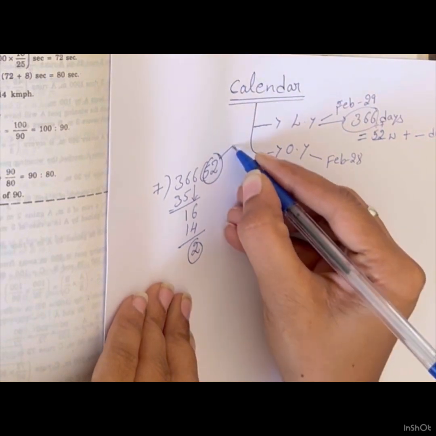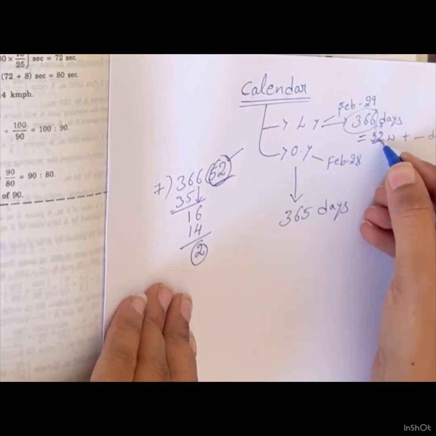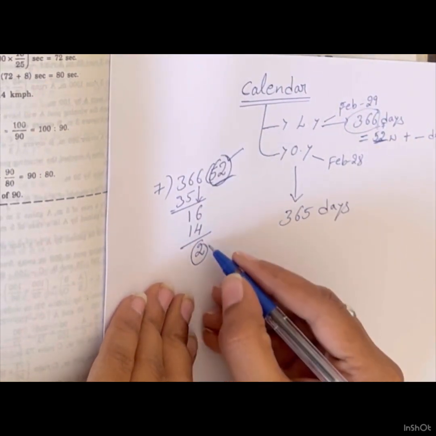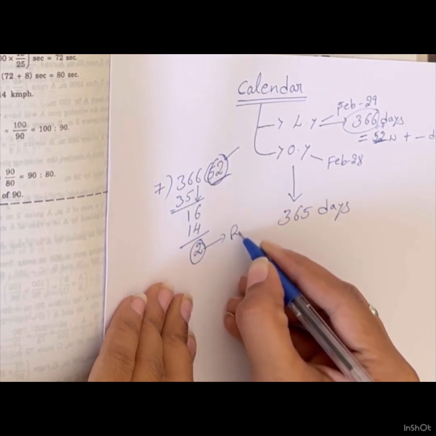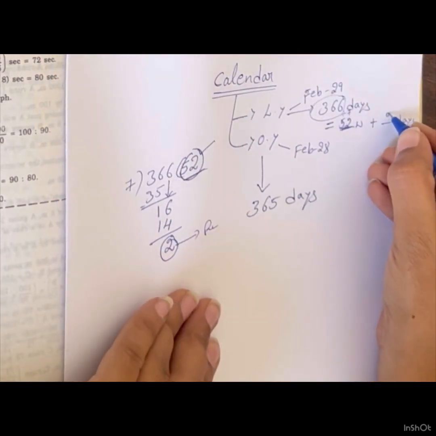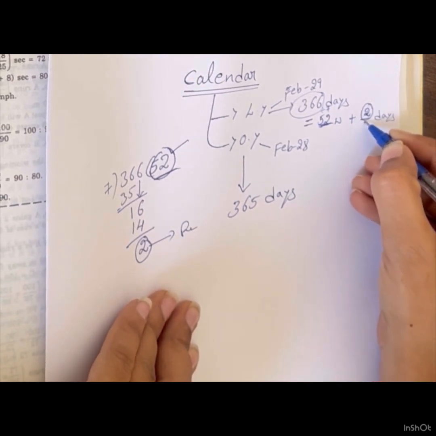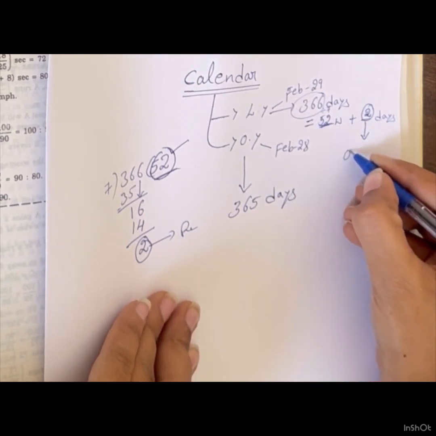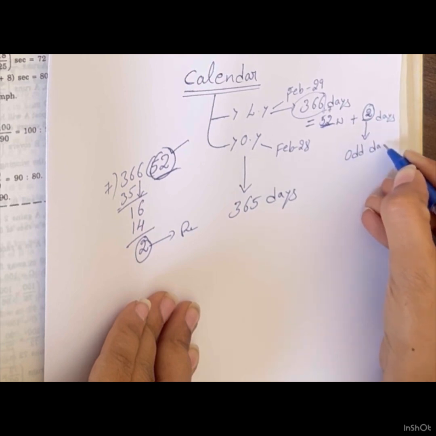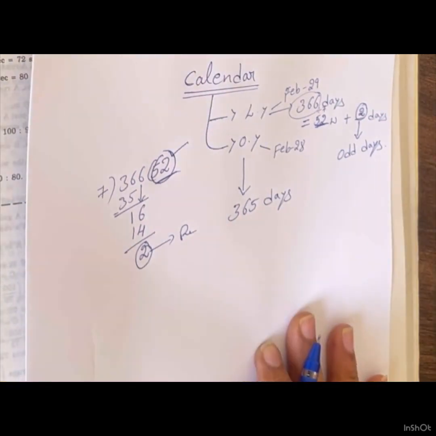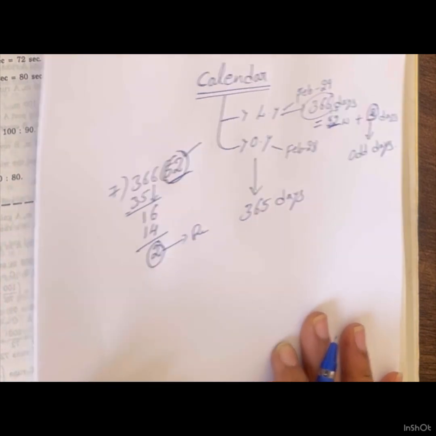The remainder is nothing but extra days. These extra days are called odd days.